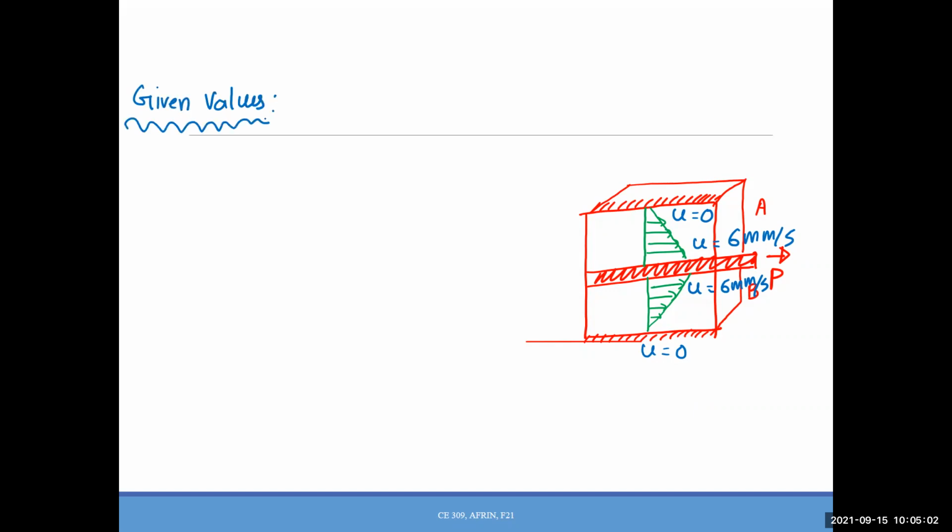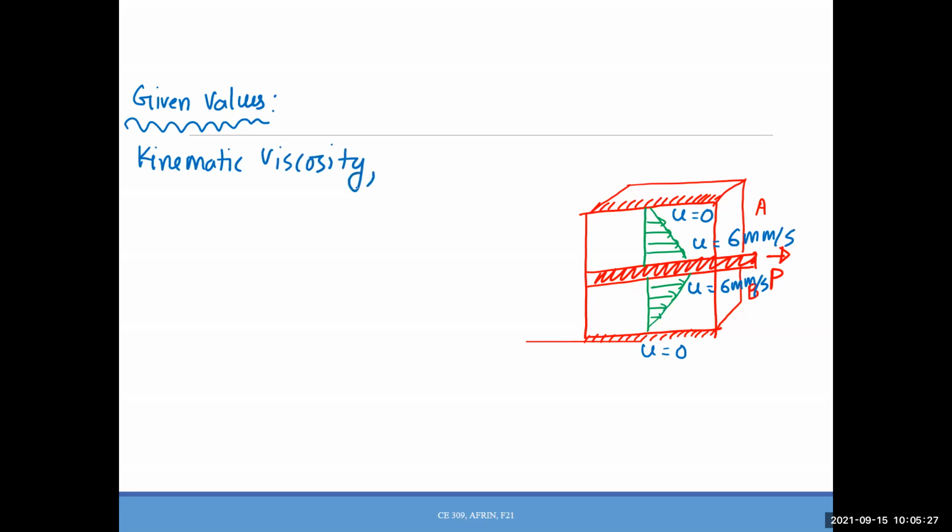So let's write down all the given values. What are the given values for this problem? The first thing is what? The kinematic viscosity, right? So I will write that down.